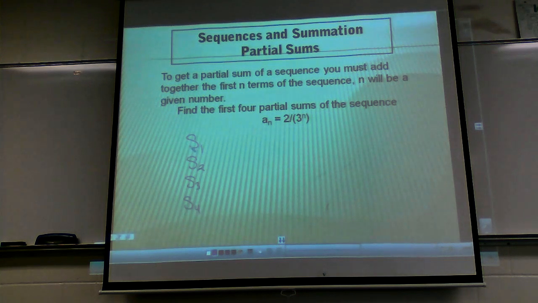Which means sum of the first term, sum of the first 2 terms, sum of the first 3 terms, sum of the first 4. The bottom number just means how many terms you go out. So since I'm saying the first 4, I need to find the first term, the second term, third, and fourth to complete this.